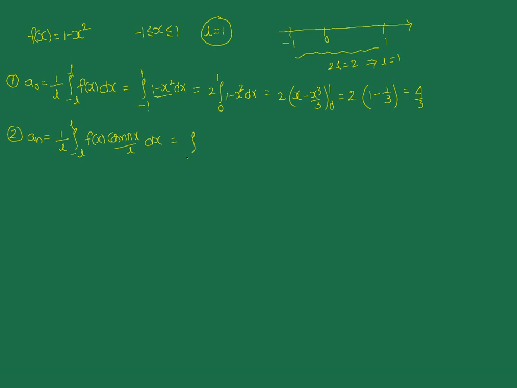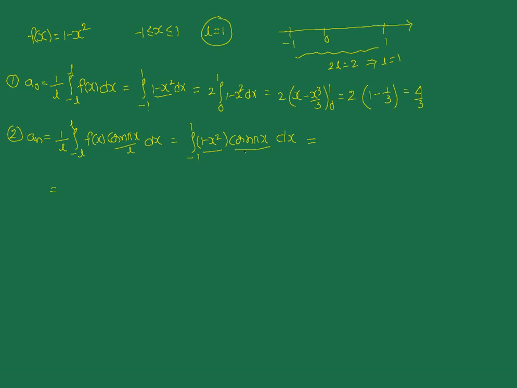Therefore, integral minus 1 to 1 of 1 minus x square into cos n pi x dx. 1 minus x square is an even function, cos n pi x is also an even function.